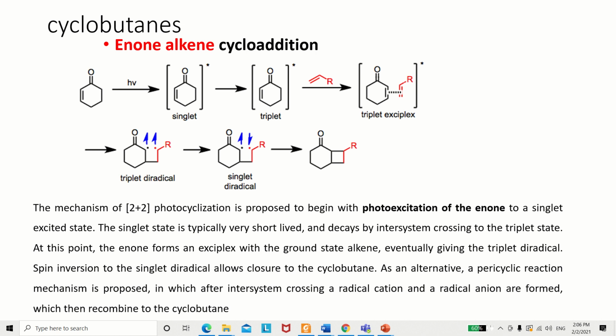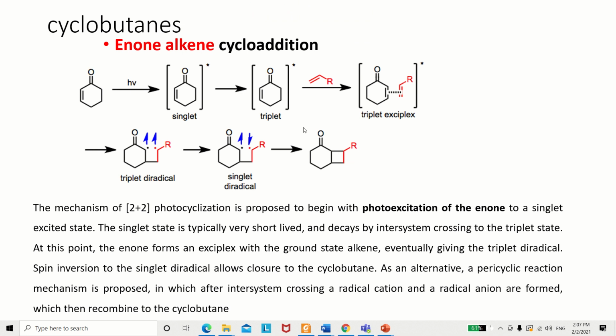Usually this reaction involves treating an enone with an alkene to produce a cyclic compound, and the reaction between the enone and alkene is a kind of stepwise reaction, and in each step it involves diradical intermediates, as you can see in the picture, and these radicals join together to form the final four-membered cyclic compound here.